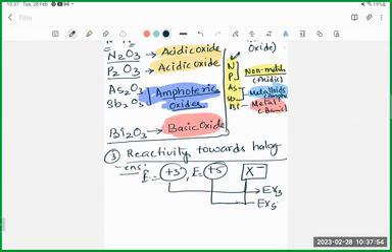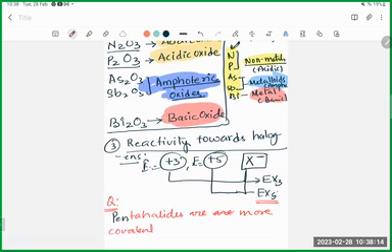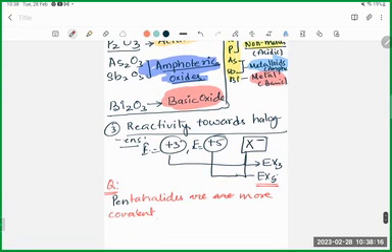So pentahalides, here a reasoning question comes. Let me put it over here for you. Pentahalides, meaning EX5, are more covalent than trihalides.